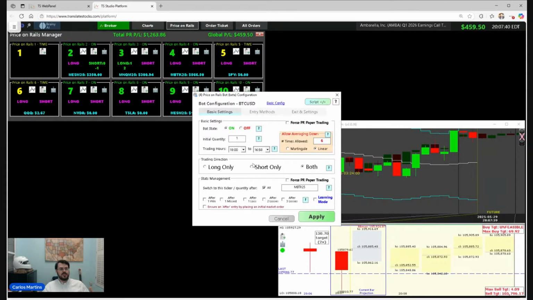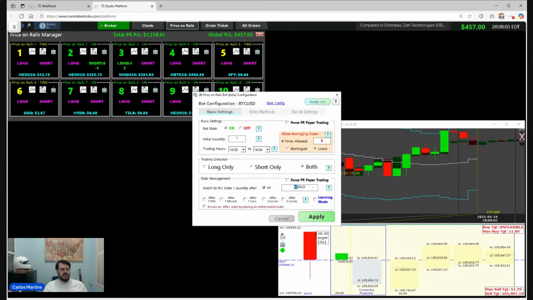If you are trading with specific day trade margins, you can switch this to 9 a.m. to 4 p.m. Or if you are trading with the regular margin, you can trade the entire day, from 6 p.m. to 5 p.m. of the next day. Here we are switching all the entries for the MBT K25. I need to change this ticker to MBT M25 for the next week, and that's it.